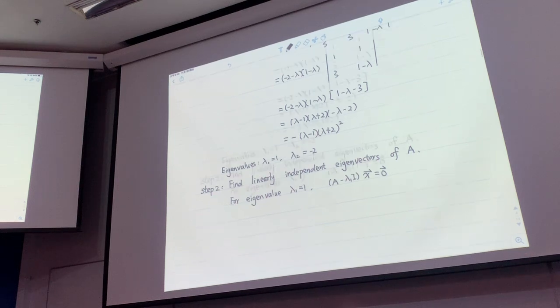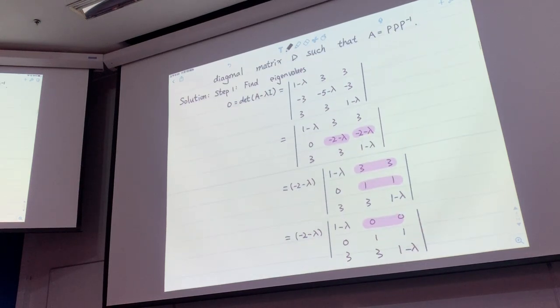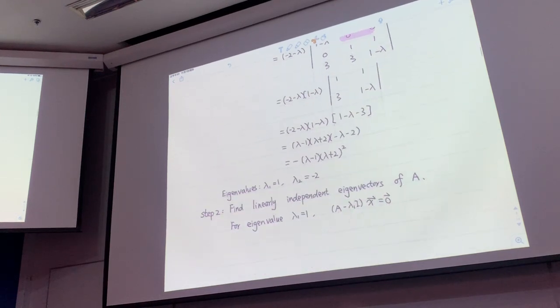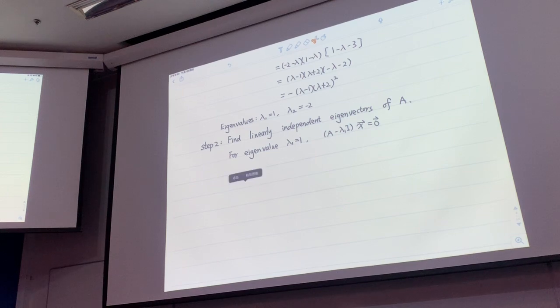So then here you just copy this matrix, right? So this is the A minus lambda I matrix. This is our matrix. And here lambda is replaced by lambda 1. Lambda 1, the value is 1 here.